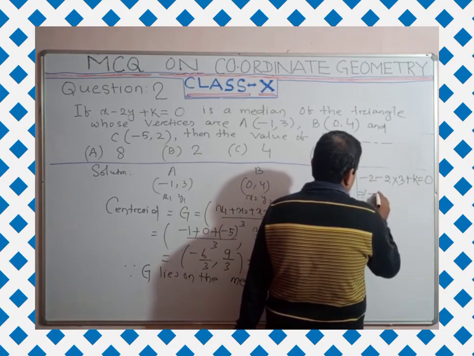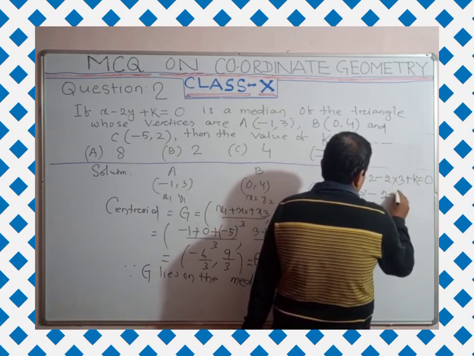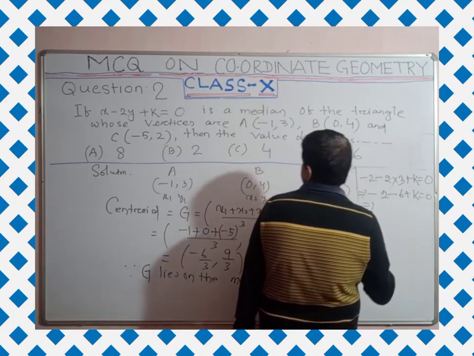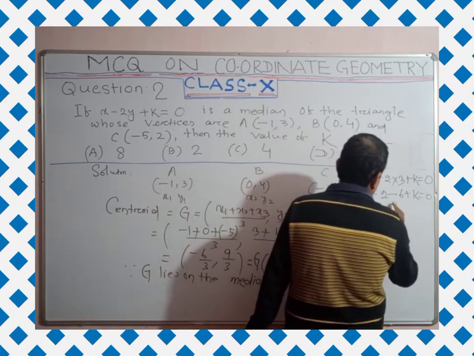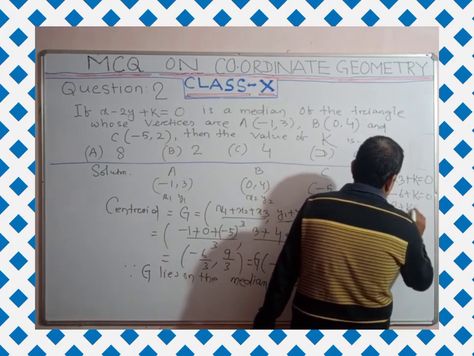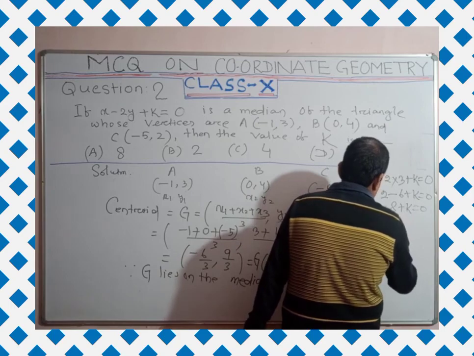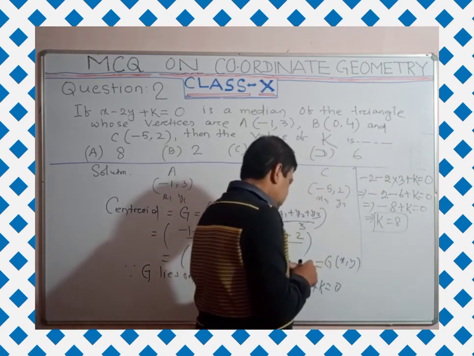That implies minus 2 minus 2 times 3, which is 6, plus k is equal to 0. That implies minus 8 plus k is equal to 0. That implies k is equal to 8, and this is the required value.